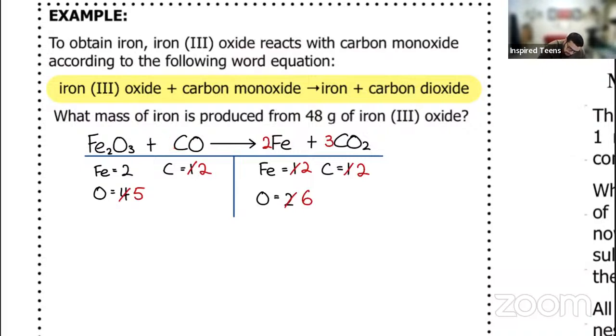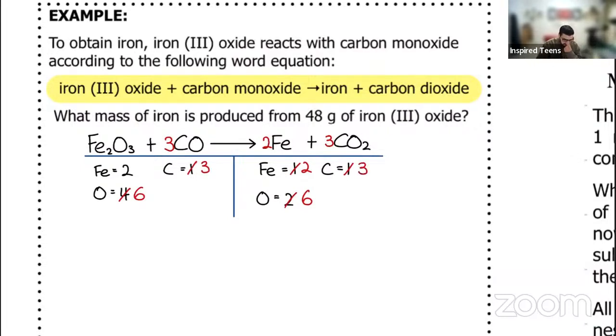So I can just multiply this guy by 3 and it gives me 3 plus 3. And that gives me 6 oxygen. And the carbon, on the other hand, also turns out to balance. It changes from 2 to 3 each.